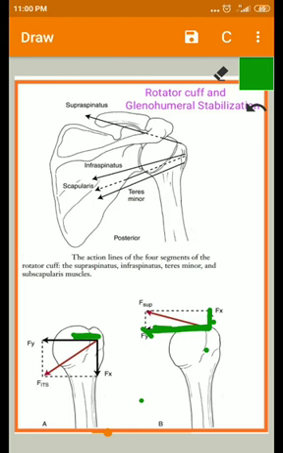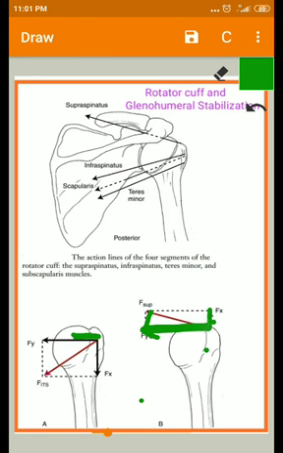So this large moment of the supraspinatus is capable of independently producing full or nearly full range of glenohumeral joint abduction, and also simultaneously it gives stabilization of the joint.